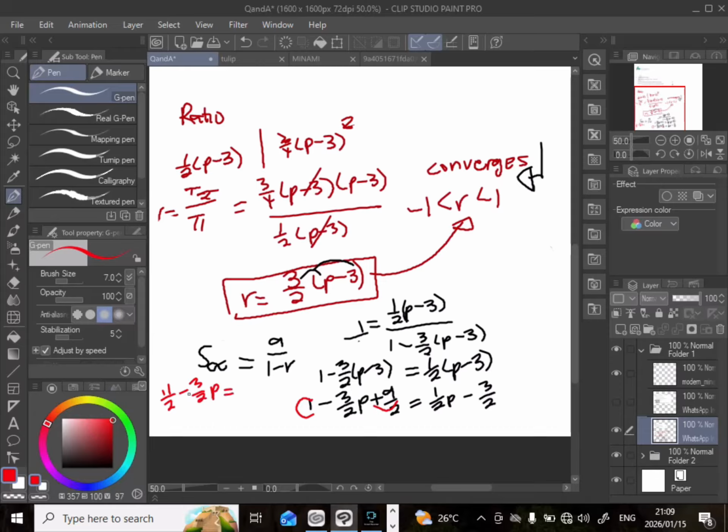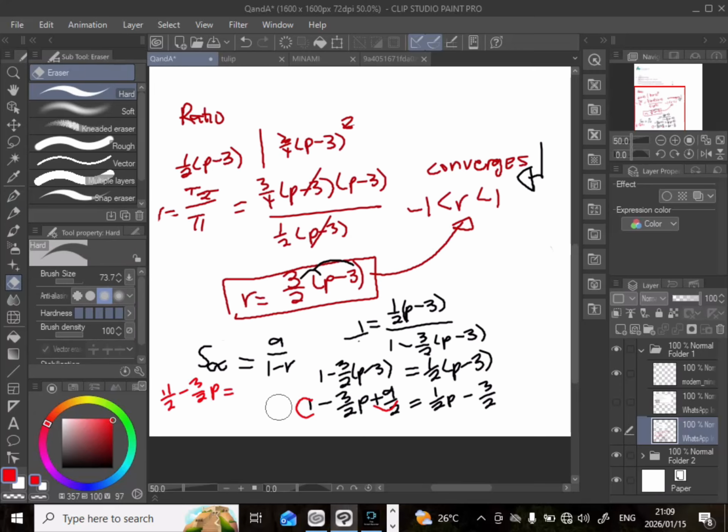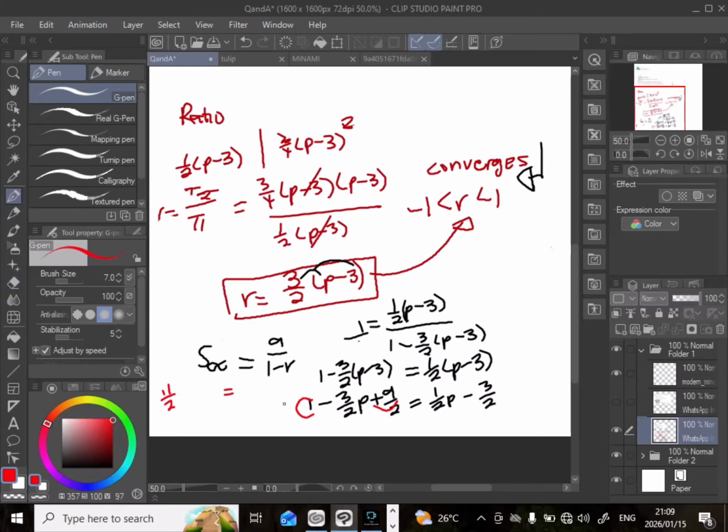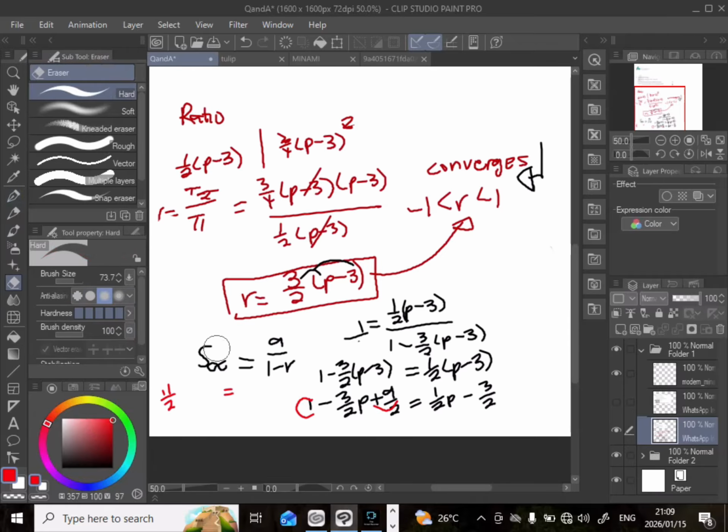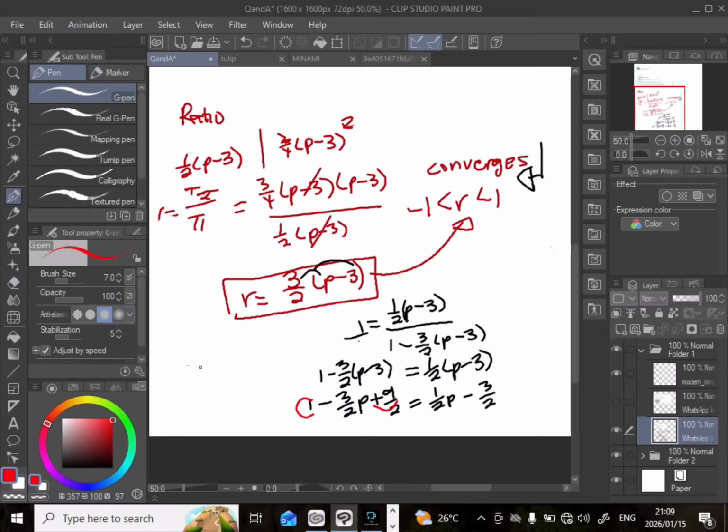So now we can just take 3 over 2 to the other side. Let me just do it like that. Just erase these things. So it's 11 over 2, and remember, 11 over 2 comes from us adding these two things, 1 plus 9 over 2. And then this thing, we just take it to the side.